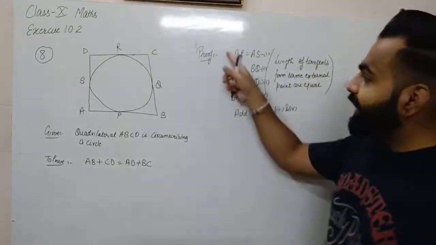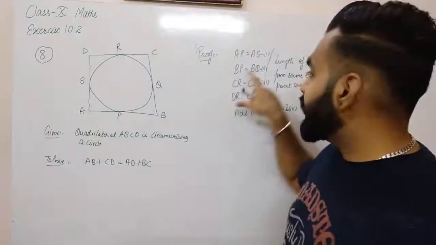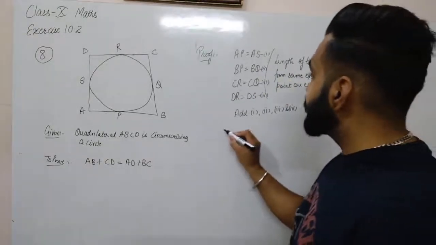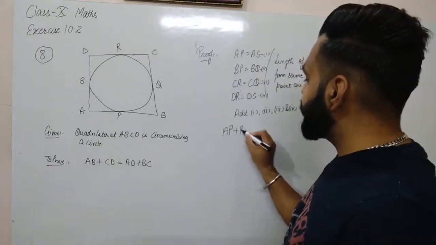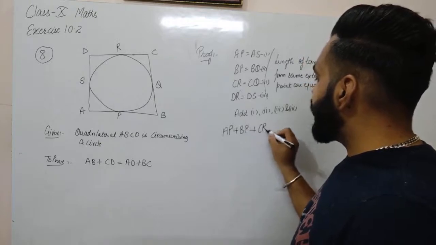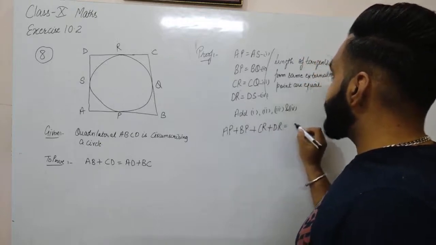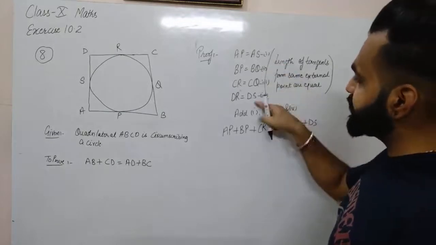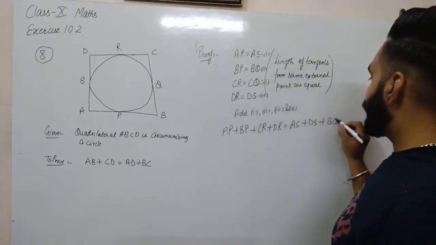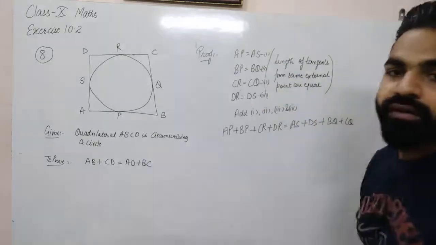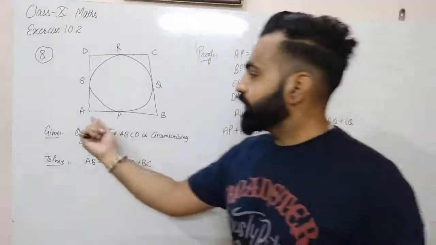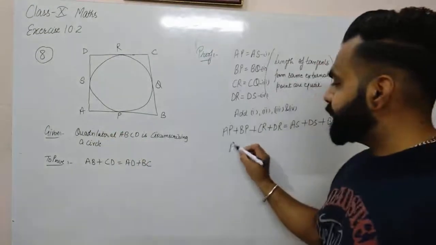So we will add the LHS part on LHS part, and we will add the right hand side part on the right hand side part. So this will become AP plus BP plus CR plus DR is equal to AS plus DS, and BQ plus CQ. On adding, what is AP plus BP? AP plus BP is equal to AB.